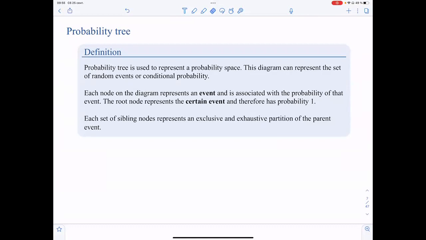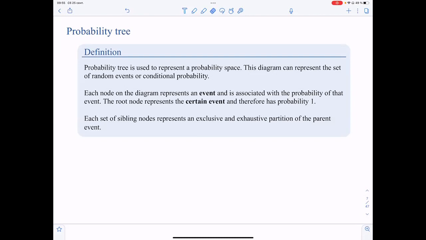It would be good to have a very nice way to visualize what is given. In order to visualize the problem set, I would like you to apply the concept of probability tree.